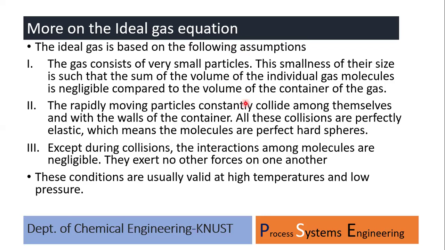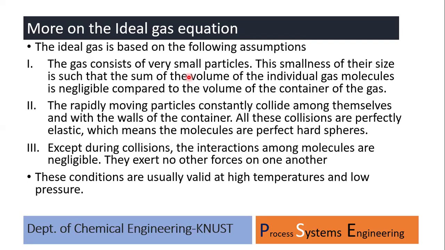Okay. So the ideal gas equation, we are working based on certain assumptions. And these are things we are also very familiar with, right? So we're assuming that the gas molecules are small and that the sum of the volume of the individual gas molecules is negligible compared to the volume of the container. We're also assuming that there's going to be elastic collision between the molecules, right?